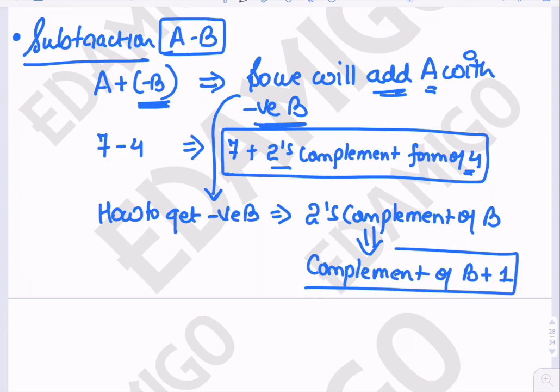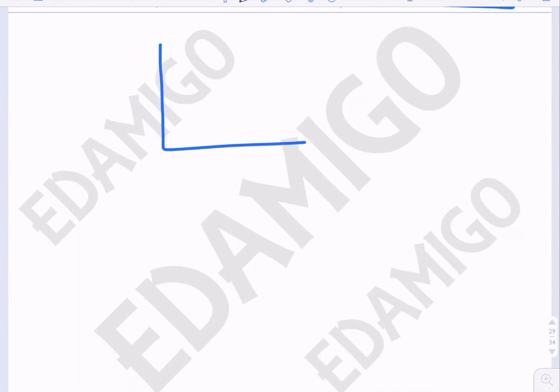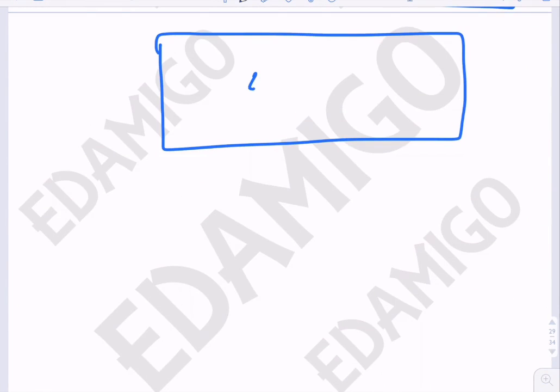We know that. Just invert all the bits of B and then add 1. Okay, so if we want to use the same 4-bit adder with inputs A4, A3, A2, A1, A0.